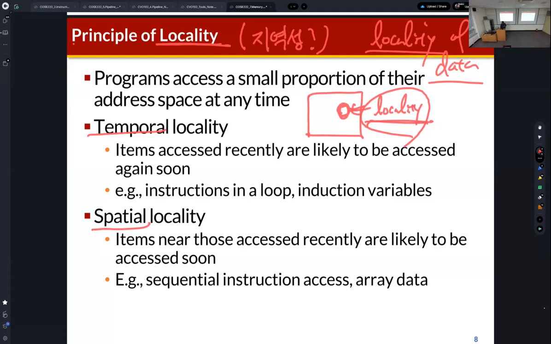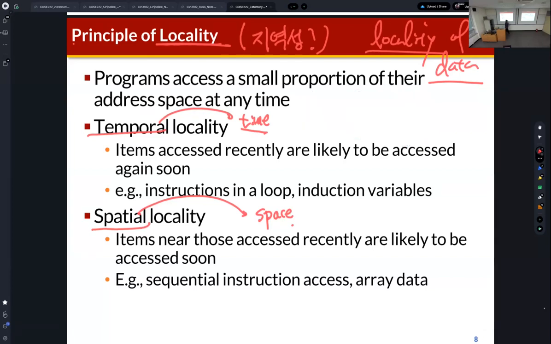Temporal means it's a kind of time, and spatial is space. This locality is observed in our applications. So then what is temporal locality?